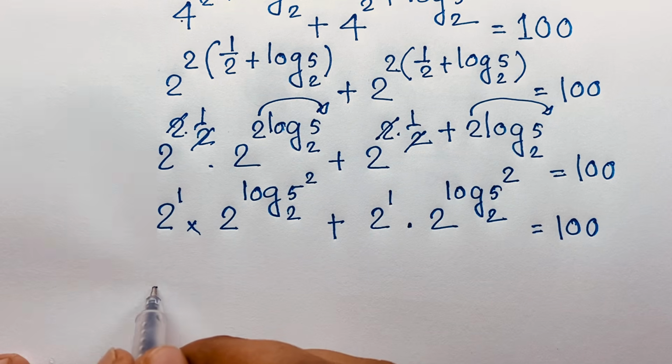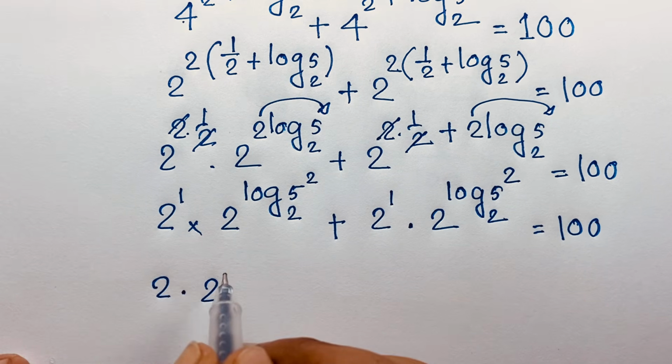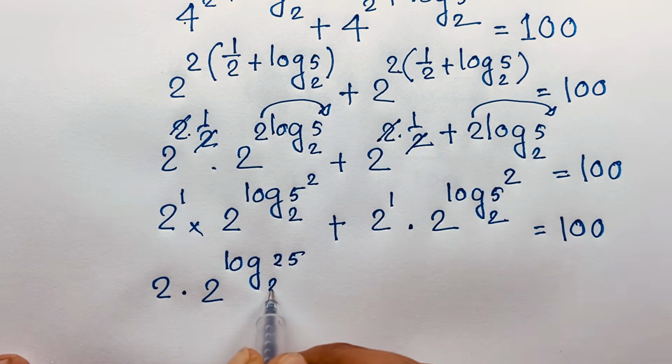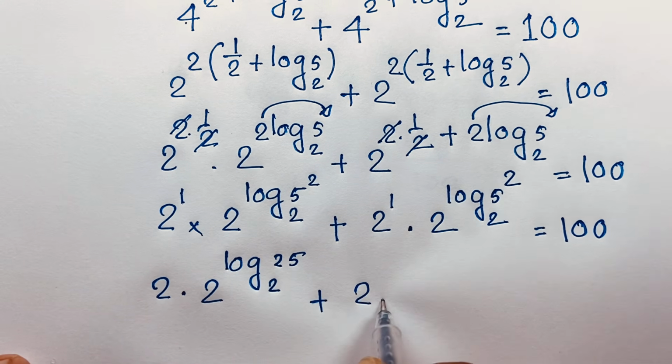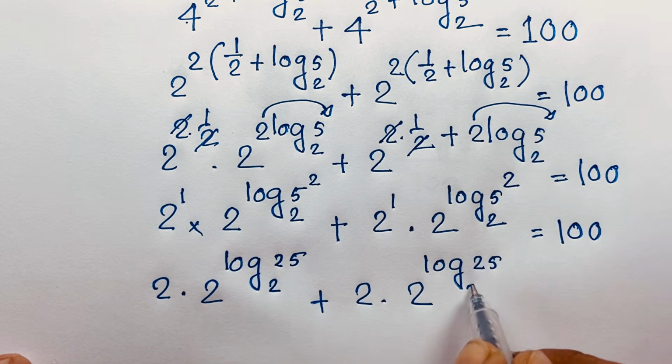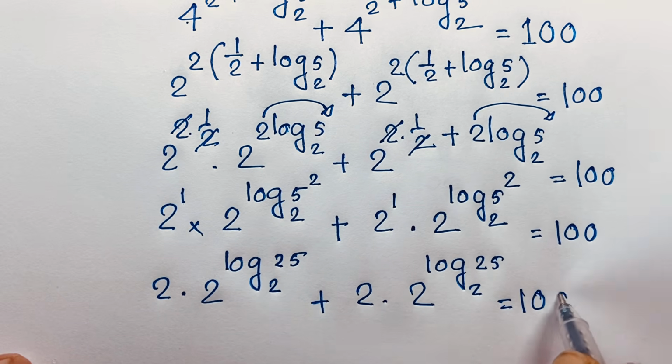Then this is 2 times 2 to the power log 25 base 2, plus 2 times 2 to the power log 25 base 2, is equal to 100.